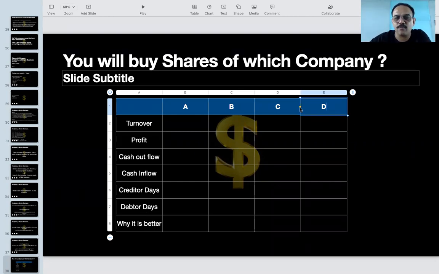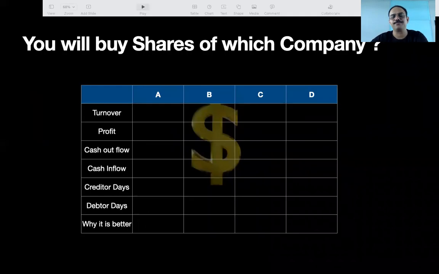And 5 columns. So write A, B, C, D on the top. Once you are done drawing this table in your notebook, type yes or type done so that I can move forward. Now we are going to understand the important concepts on this. Once you have drawn it, type yes so that I can move ahead.